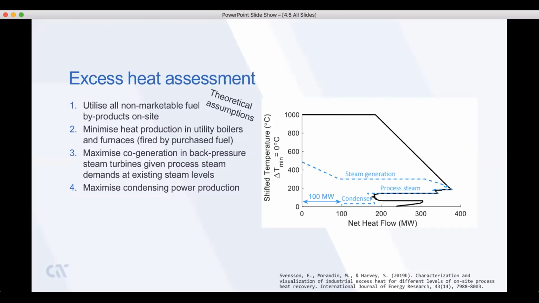In the example on this slide, 100 megawatts of excess heat can be converted to power, reducing the excess heat availability to 140 megawatts. At this point, any remaining heat from process cooling or cooling of the steam cycle, as indicated by the red circle, is considered unavoidable and available for export.